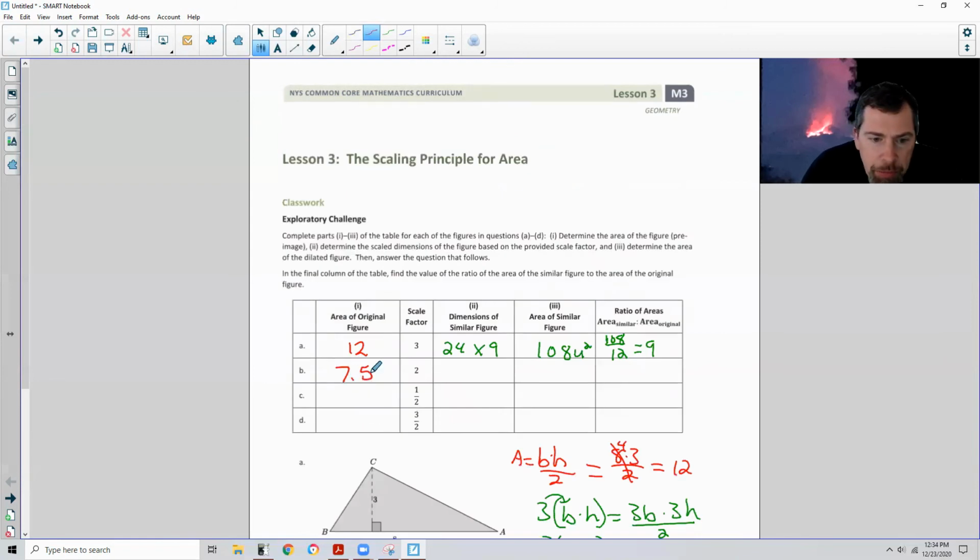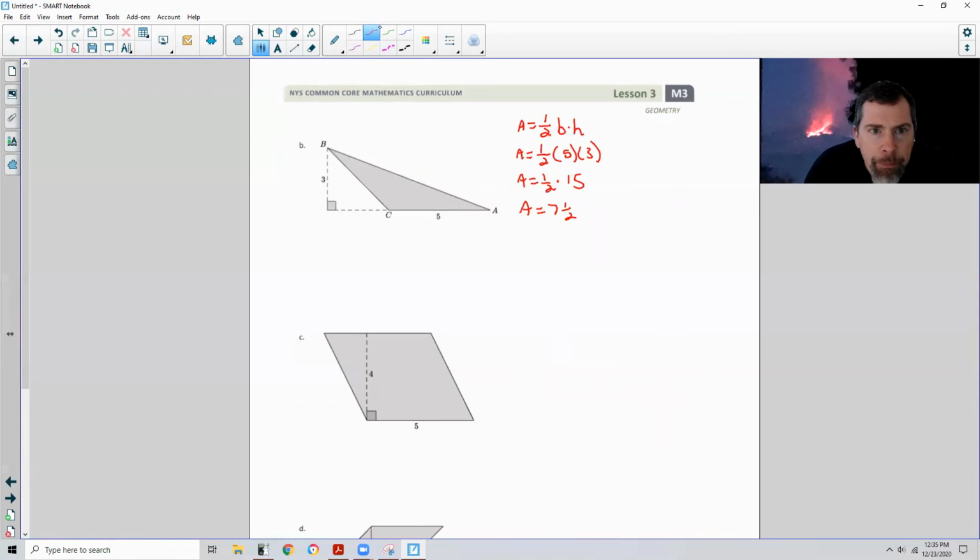Let's do it as a decimal. And then they want us to scale it by 2. So I go back. And so if I scale that by 2, then the area, scaled by 2, I'll put a sub 2 down here, equals 1/2 the base. So it's going to be 2 times the base, 2 times the height. Okay, so we have to double both.